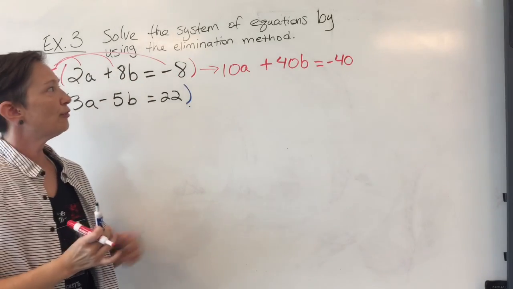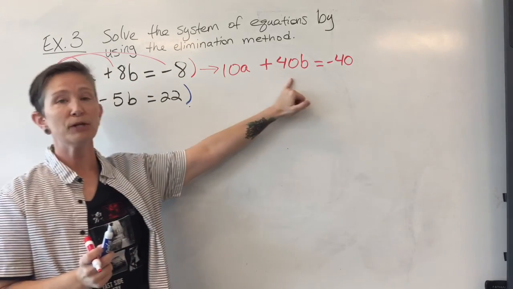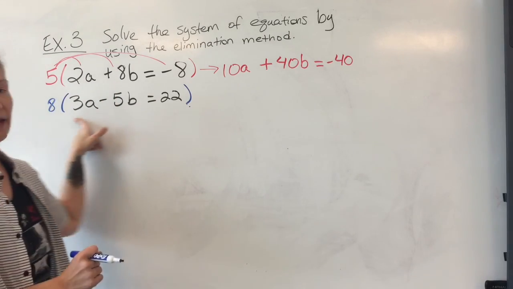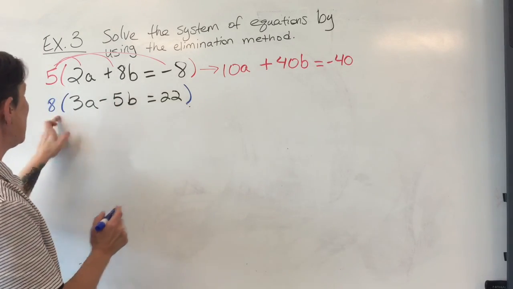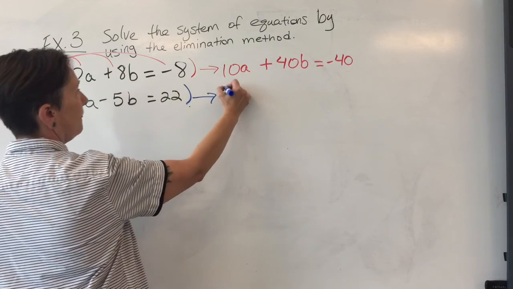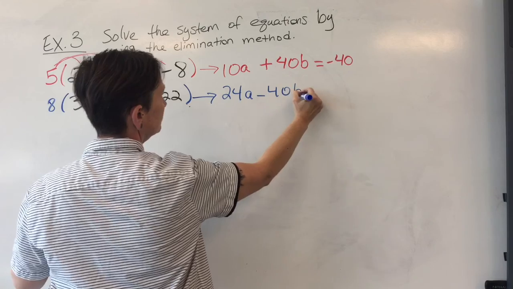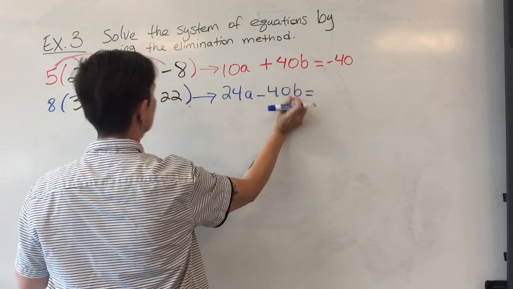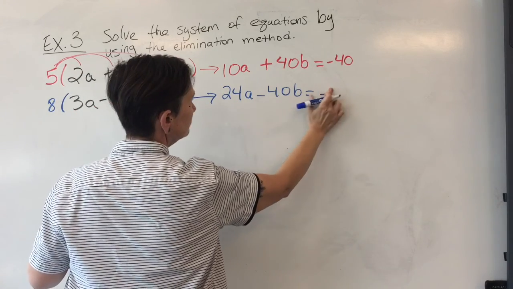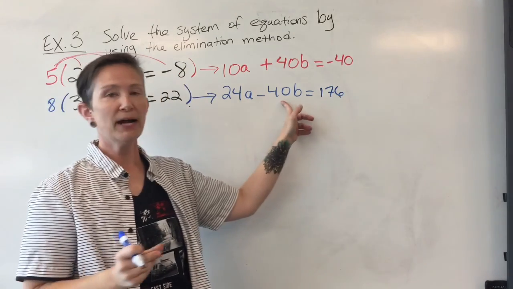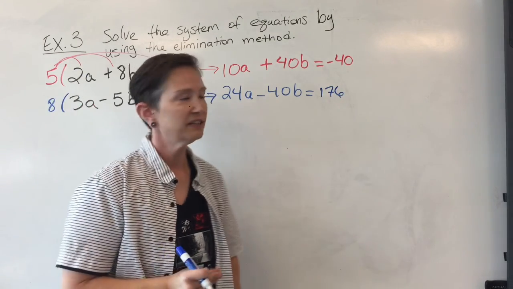Multiplying the top equation through by 5, I get 10a plus 40b equals negative 40. And then I'm going to multiply the second equation through by 8. And I get 24a minus 40b equals 176.